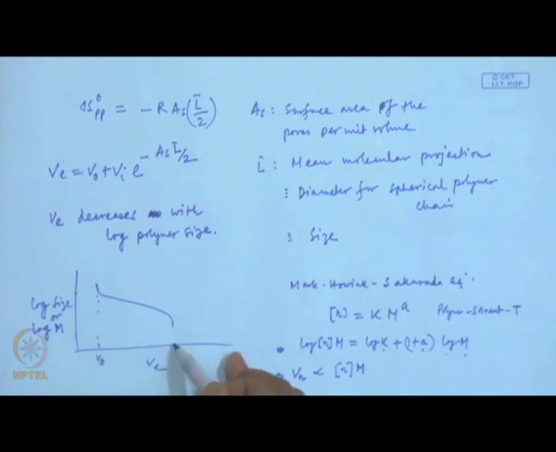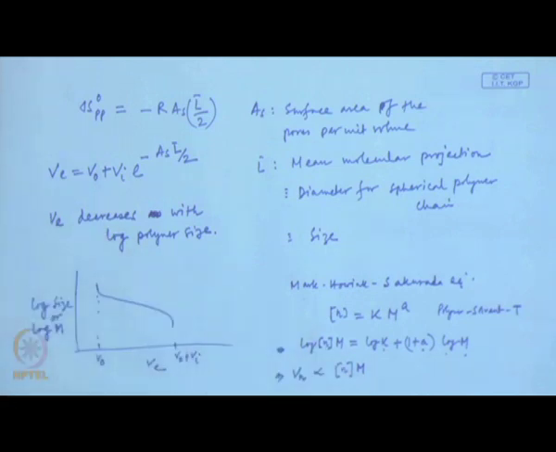If polymer size becomes lower and lower, and becomes so low that all of them can penetrate equally in the pores, then all will come at the same time, at V_0 plus V_I. So, this is the linear region where the polymers get separated.